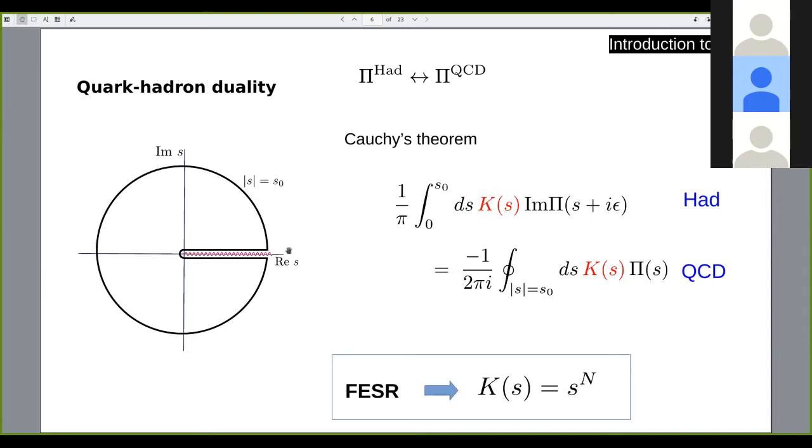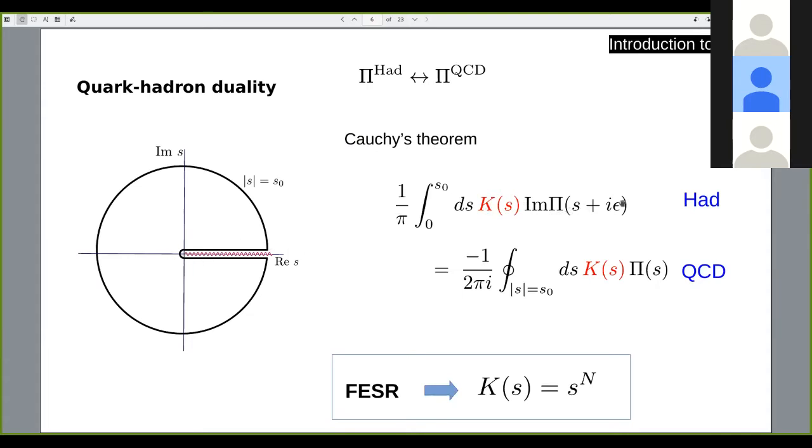There is a branch cut on the real axis, where s is Q squared, and we can use quark-hadron duality, which says the hadrons live on the real axis and QCD lives in the complex plane. So using the Cauchy theorem, the contour here, no, sorry, this is the real part.